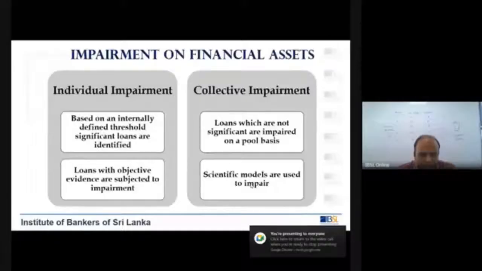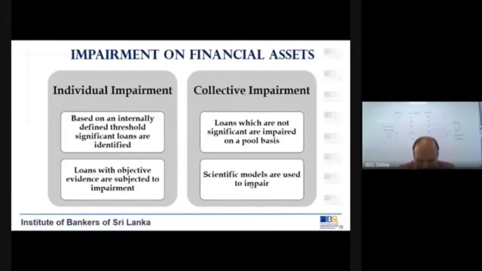So I have identified the significant loans based on the threshold, and then I will subject them to an objective evidence test. So what we learned as objective evidence earlier, right? And there is a method how to calculate the impairment, which is very important because in the examination this has been already tested.